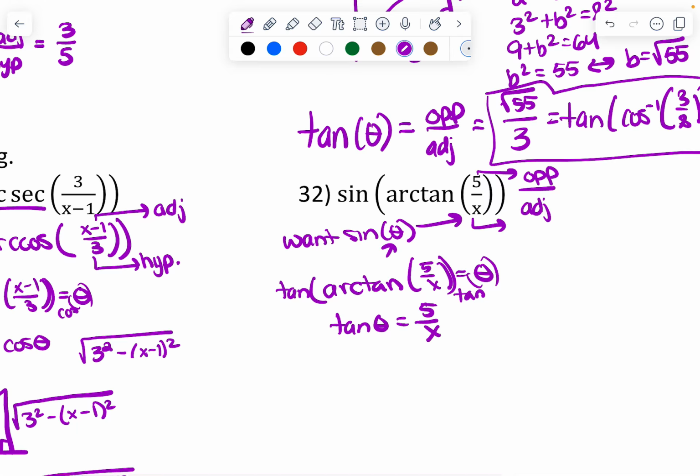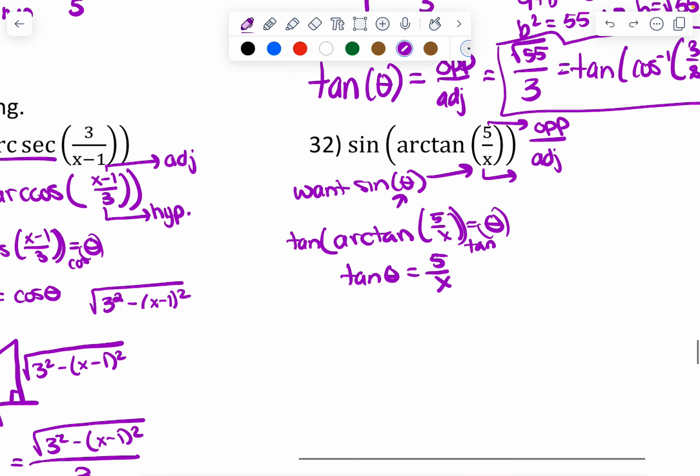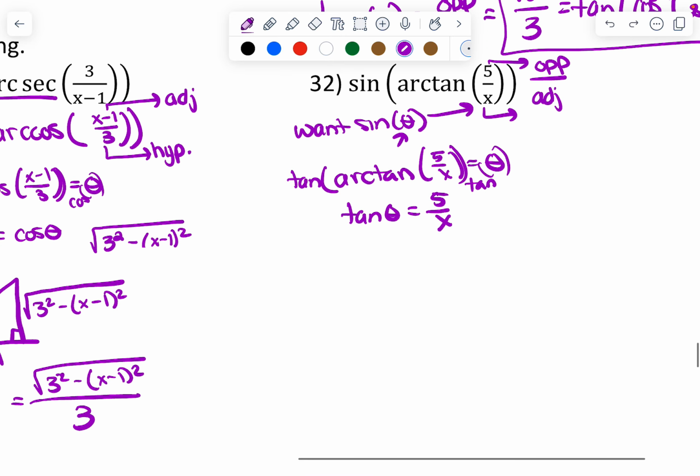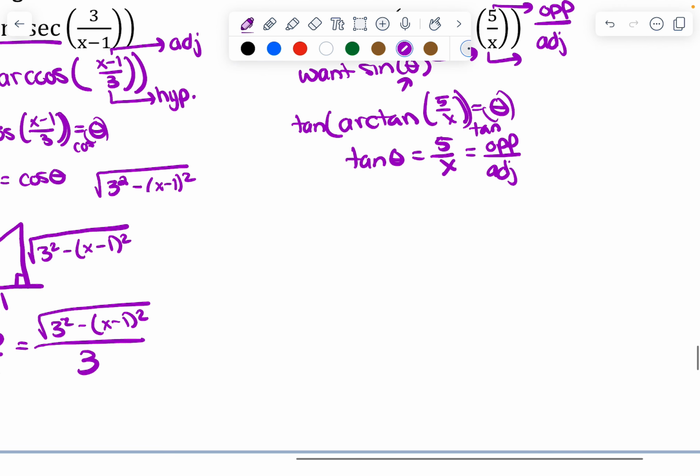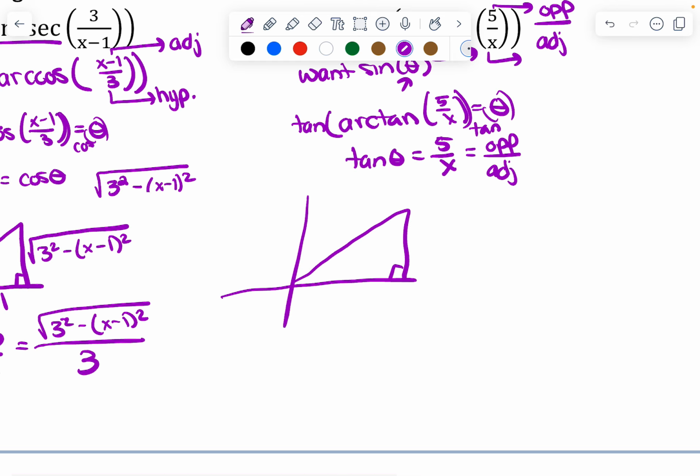Hopefully, as you get more comfortable with these, you can see that the sides of your triangle are already the input for your inverse trig. Which means this is going to be opposite over adjacent. So it's an algebraic expression, so we'll be in quadrant 1.